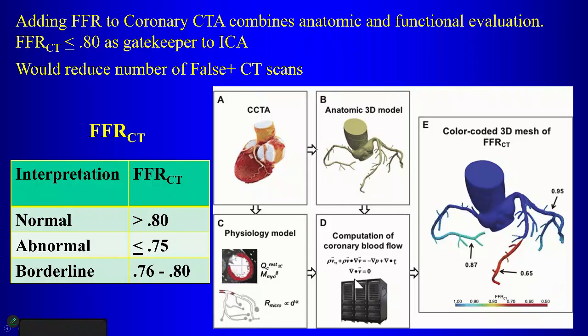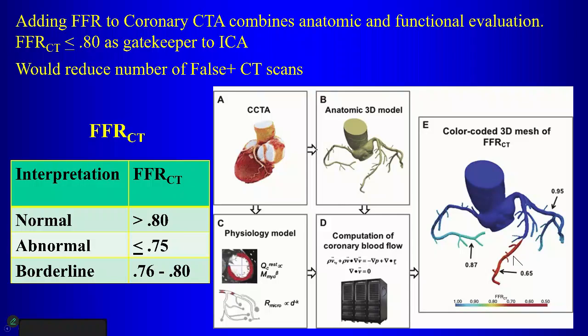So for CT, normal is considered if it's greater than 0.80, abnormal if it's less than 0.75. Borderline between 0.76 and 0.80 is considered indeterminate. So this is CT fractional flow reserve. The idea is that if there is a stenosis that you see on your coronary CTA, you send that data set out for a fractional flow reserve evaluation, and there you look distal to the stenosis to see if the fractional flow reserve is below your threshold value.